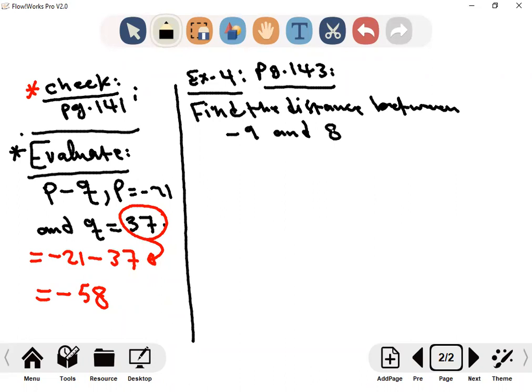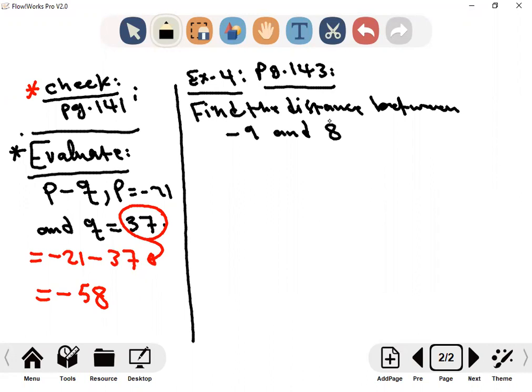Okay. Now we have a lot of methods to find the distance between two integers. The easiest one is to use the number line. Let's use the number line to find the distance, how many units between them.